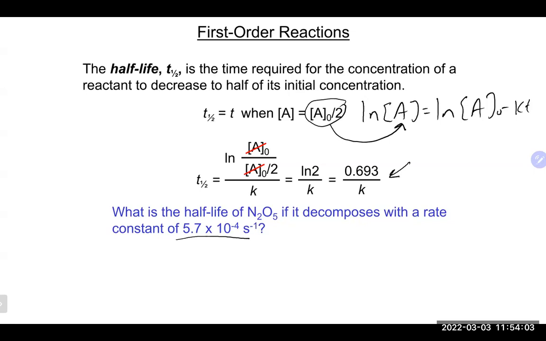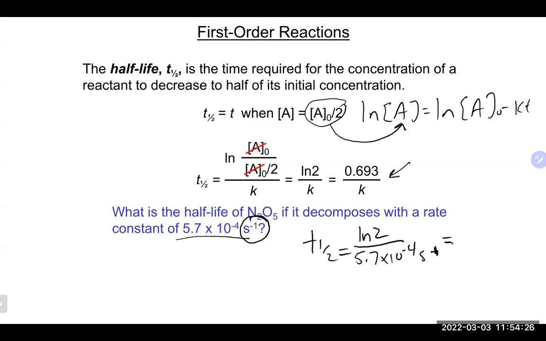Again, if they did not tell you that it was first order, we would know by looking at the units here that it is first order because of the reciprocal seconds. So the half-life in this case would be the natural log of 2 divided by 5.7 times 10 to the minus 4 reciprocal seconds.